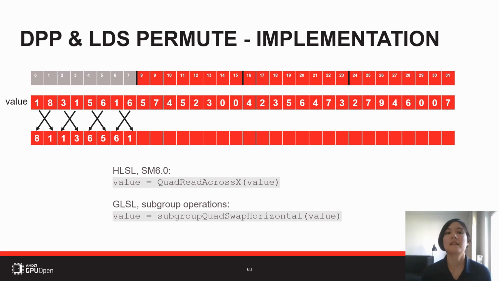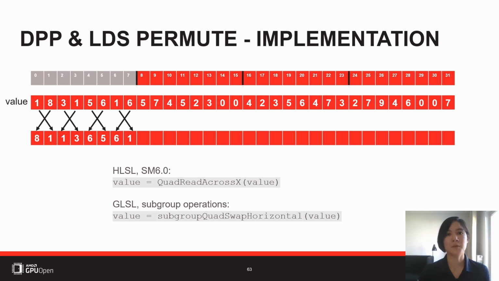So let's go to a concrete example. Let's Swizzle within a quad. We have quads and we want to exchange the data within the quads. Quad means we have 4 consecutive threads. For example, threads 0, 1, 2, 3 are one quad, and we want to exchange the data within this one quad. There are specific instructions for this. In shader model 6, it's the quad read across X, Y, and diagonal, and in GLSL, it's the subgroup operation with subgroup quad swap horizontal, subgroup quad swap vertical, and subgroup quad swap diagonal.